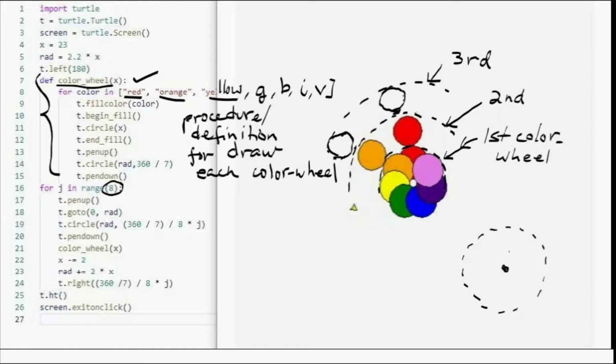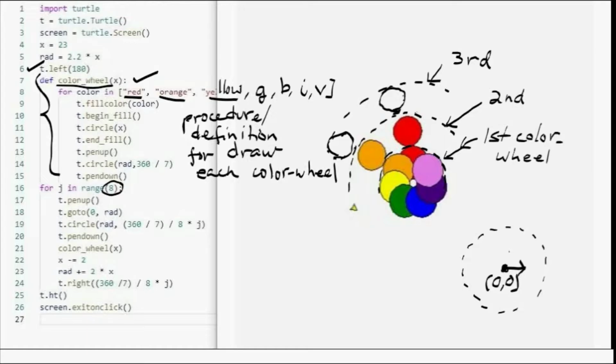Okay, we start drawing. Let me start by drawing with line number 6. I want my turtle to be oriented 180 degrees to the left. And actually, we are starting with this point here. This point is 0, 0 on the screen. Initially, remember the turtle is oriented like this.